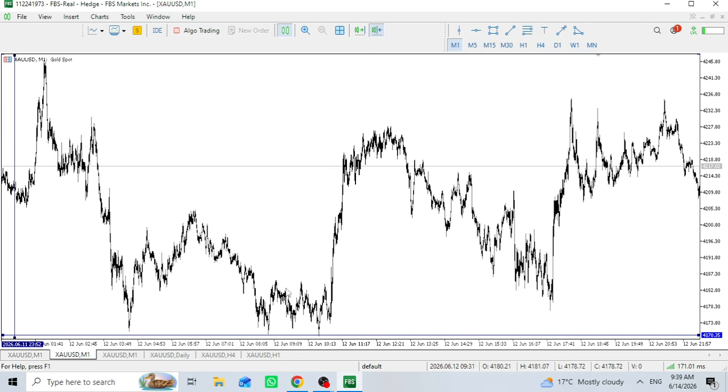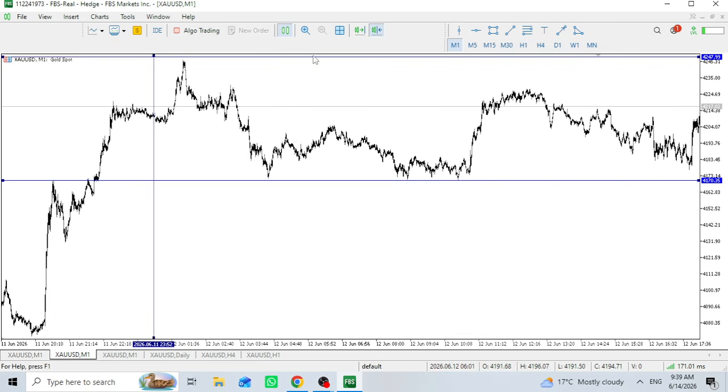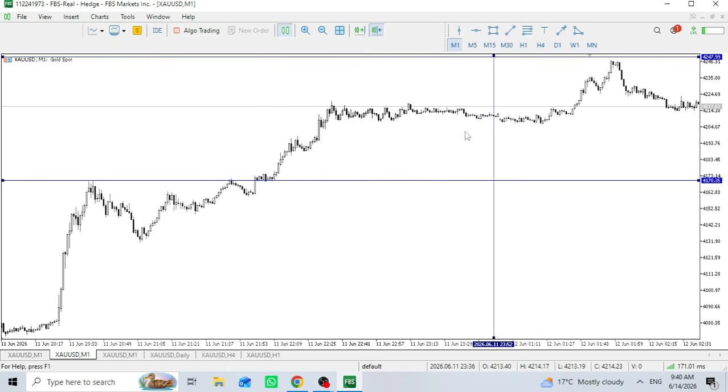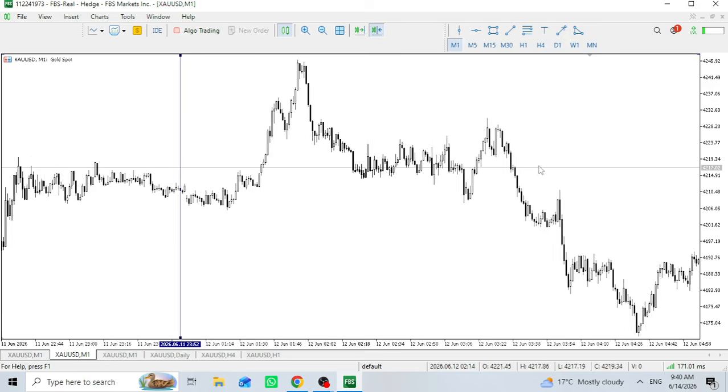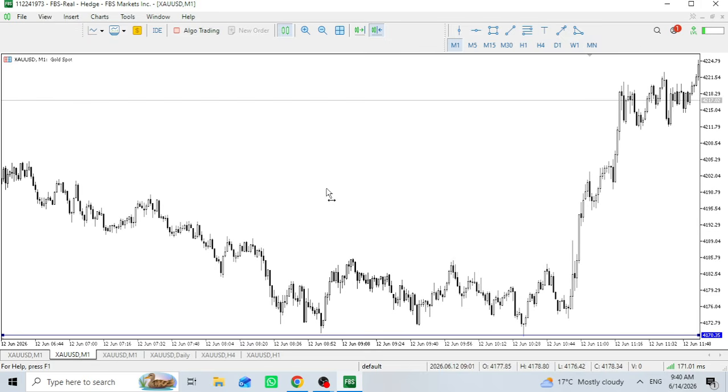Which is the lowest candle of the day? It's this one. I will enlarge the chart this way, and I will find this was the last 1 minute candle of the day. The time it formed was 10:33.